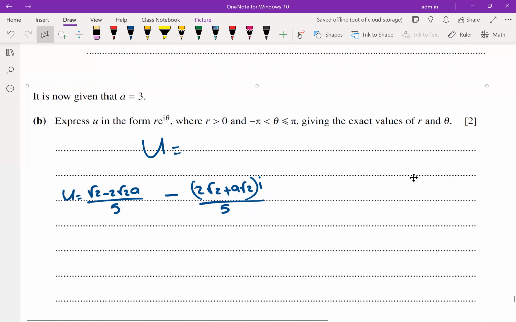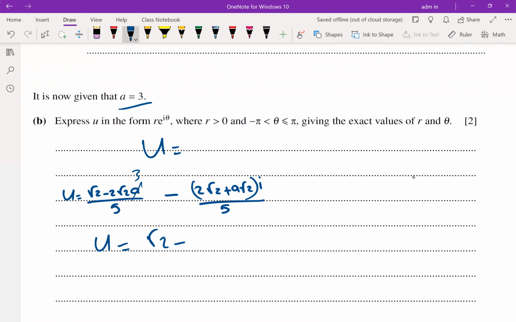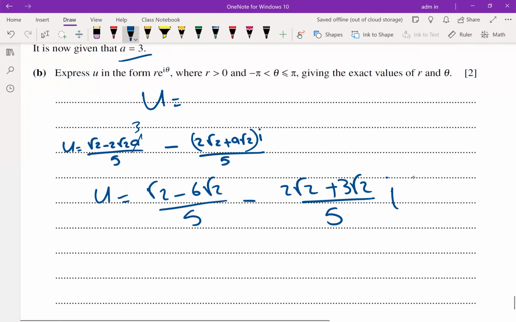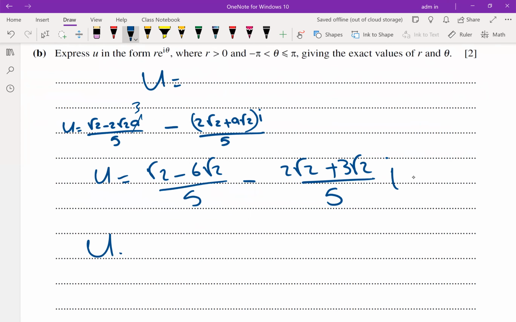If a is equal to 3, this part will be 3 root 2 minus 3 times 2, 6 root 2, all divided by 5, and 2 root 2 plus a root 2 with a equal to 3, so 3 root 2, divided by 5 times i. Simplify: 1 minus 6 is minus 5 root 2 divided by 5.